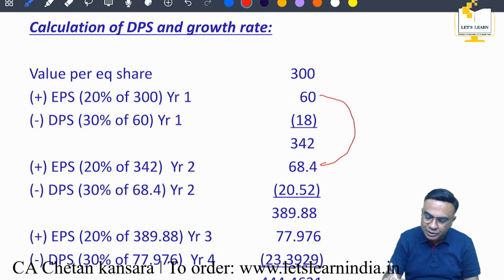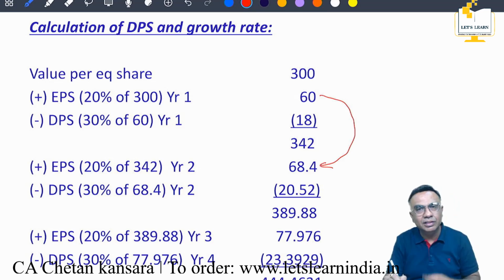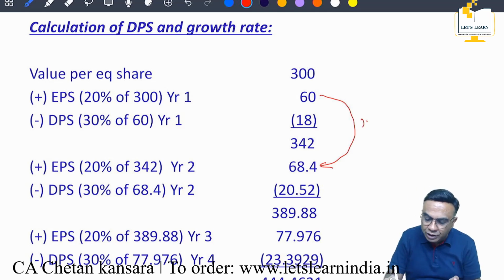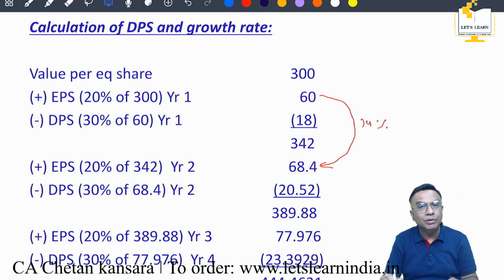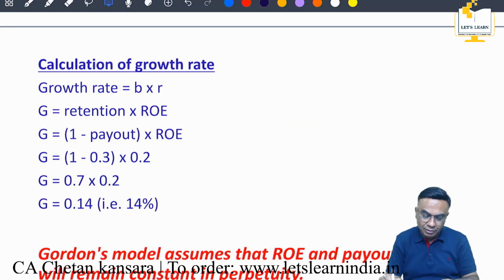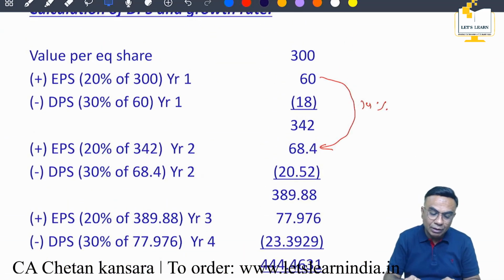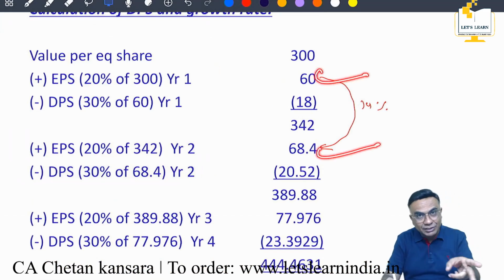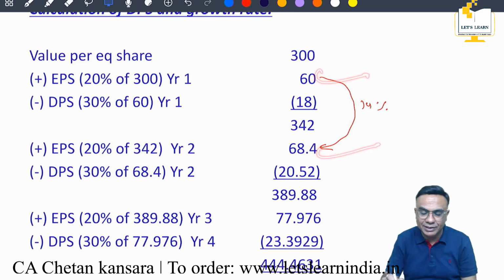Now the point is, what is the growth in earning per share? It becomes 68.4 in the second year, an increase of 14%. You can check. Pay attention. Calculate 68.4 minus 60 divided by 60 into 100. That comes to 14%.